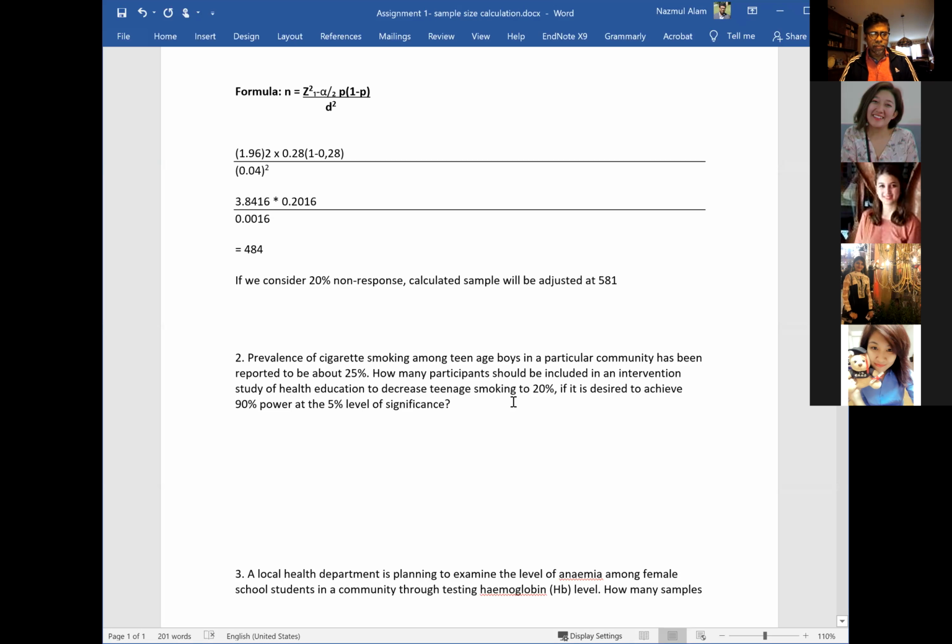The project is planning to give some education or knowledge so that the smoking rate is reduced from 25% to 20%. So if this is the case with 90% power and 5% level of significance, how many teenagers do you need to include in your research?